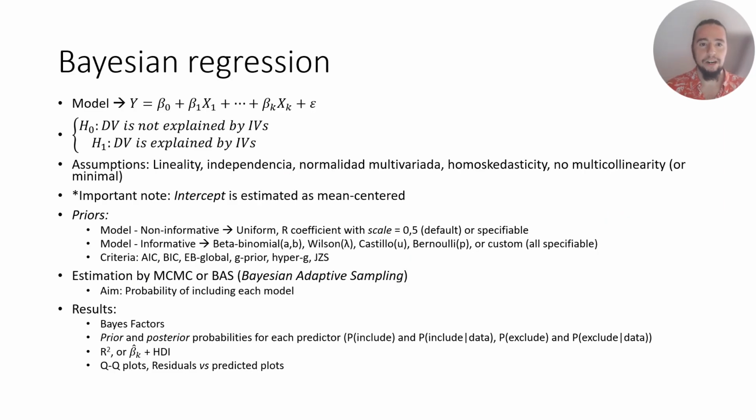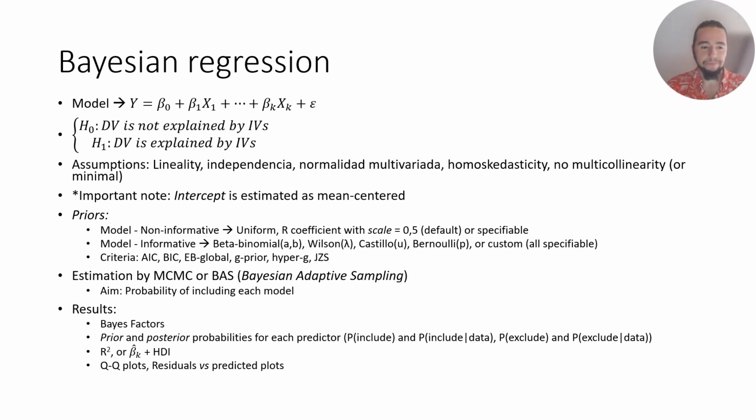Okay, now regarding Bayesian regression, we will also implement a linear model that is basically the same philosophy as Bayesian ANOVAs. However, our effects are not going to be expressed as means, but as slopes, okay, as a linear relationship between variables, okay?